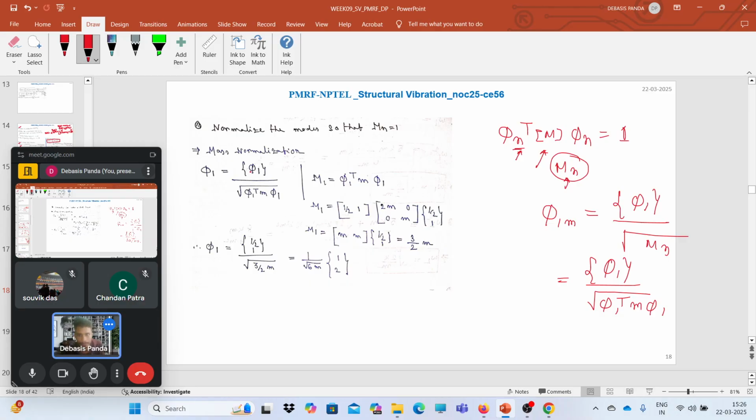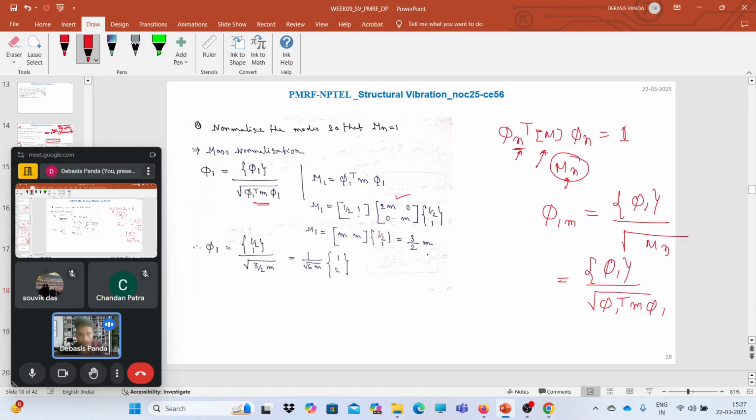We need to find out the value of this. We can easily calculate it because we have the phi 1 value, half and 1, and we have the mass matrix.